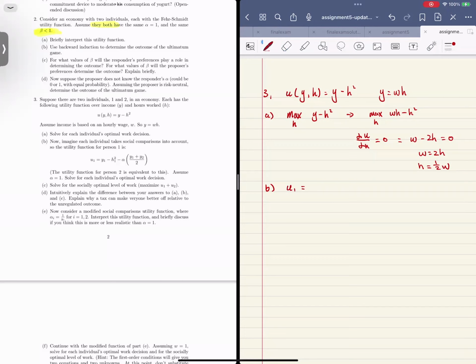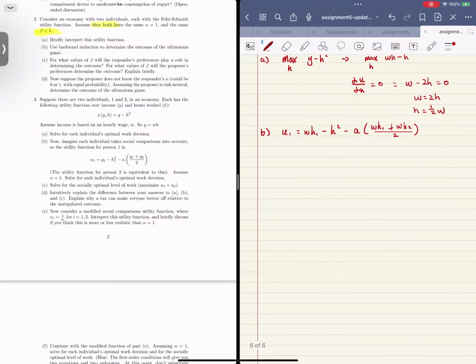So U1 equals, let's just substitute in right away, wh1 minus h1 squared minus alpha of the sum of wh1 plus wh2 over 2, right? So let's briefly stop and explain this big equation term. What are those? Anyone? Any takes?